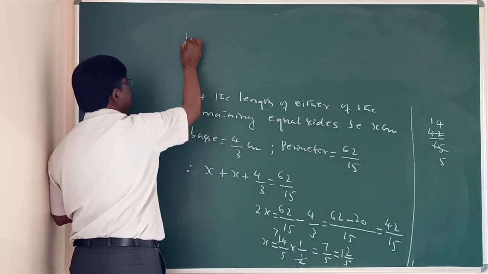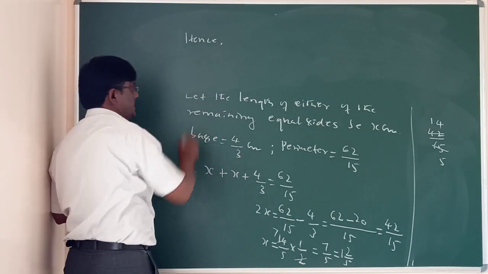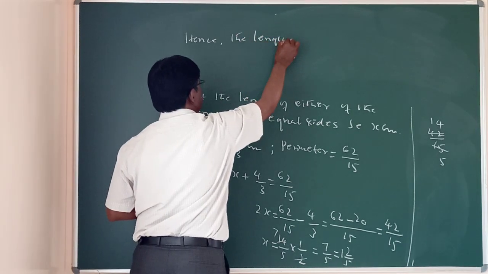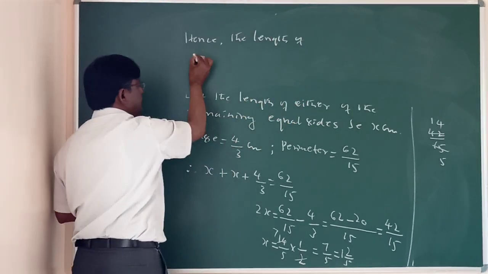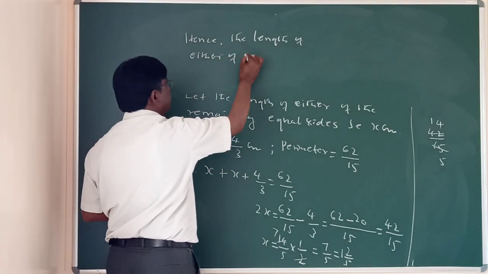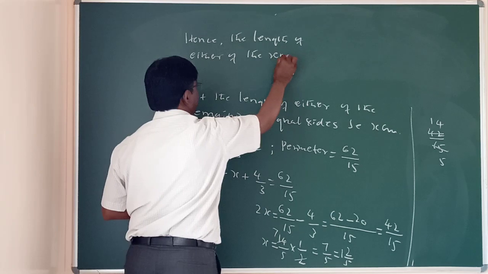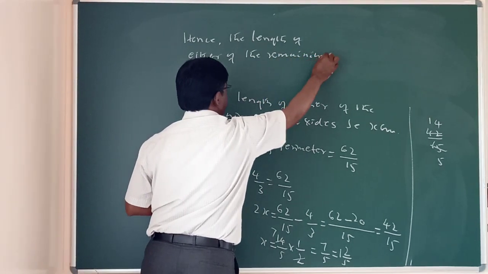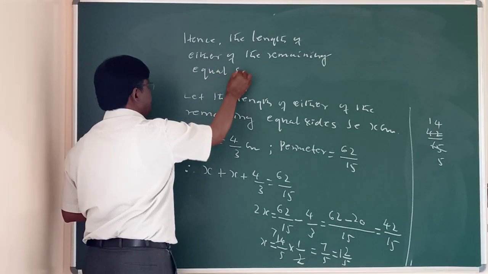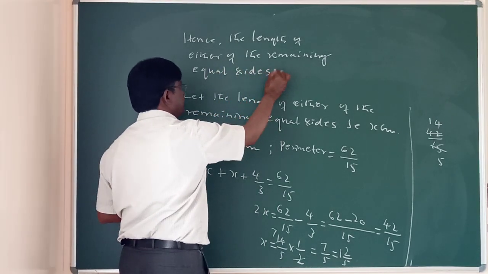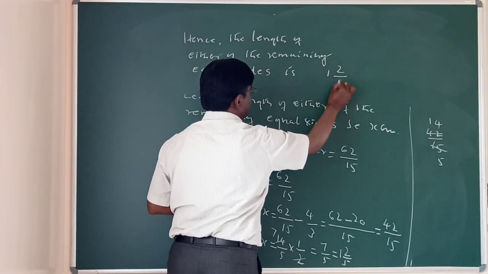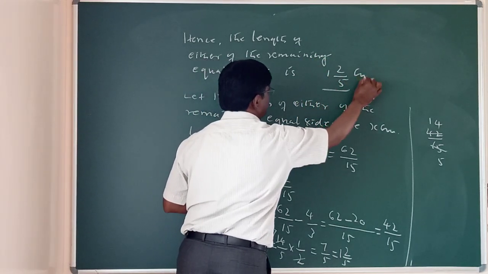Hence, the length of either of the remaining equal sides is 1, 2 by 5 centimeter.